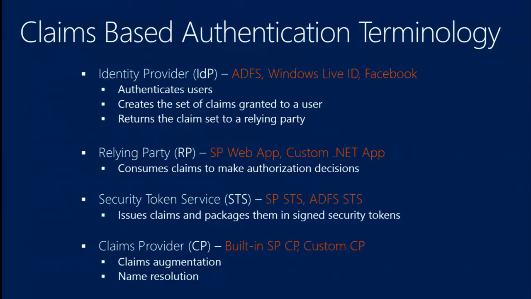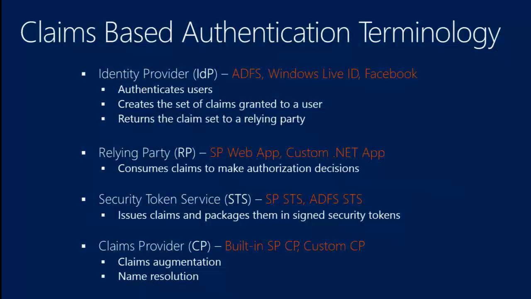An STS, or Security Token Service, is a service that issues claims and packages them in security tokens. And the tokens are then signed, and they can optionally be encrypted. So in particular, the SharePoint STS is a specialized web service that is designed to respond to requests for security tokens and to provide identity management.